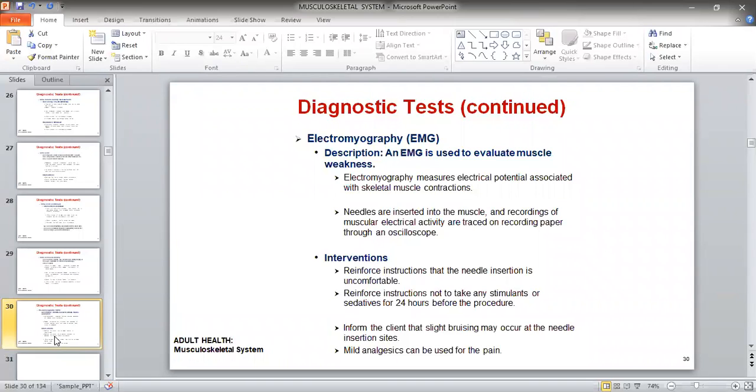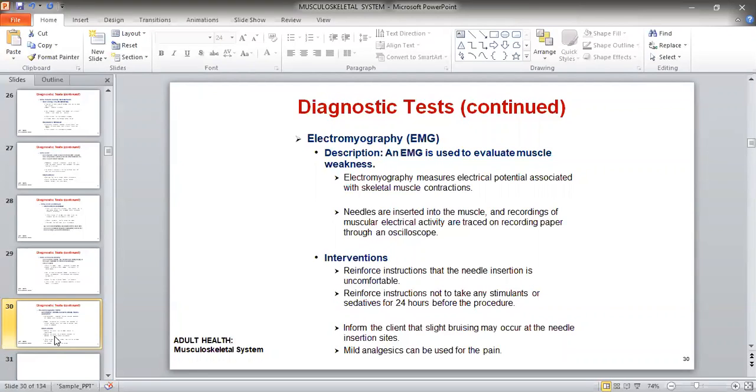We do the bone scan. Radioactive materials are injected to visualize the bones. Then we do arthroscopy. In case of arthroscopy, we tell the patient to apply ice, and a little bit of swelling is okay, a little bit of pain is okay, but we also tell them to elevate the part after the procedure.